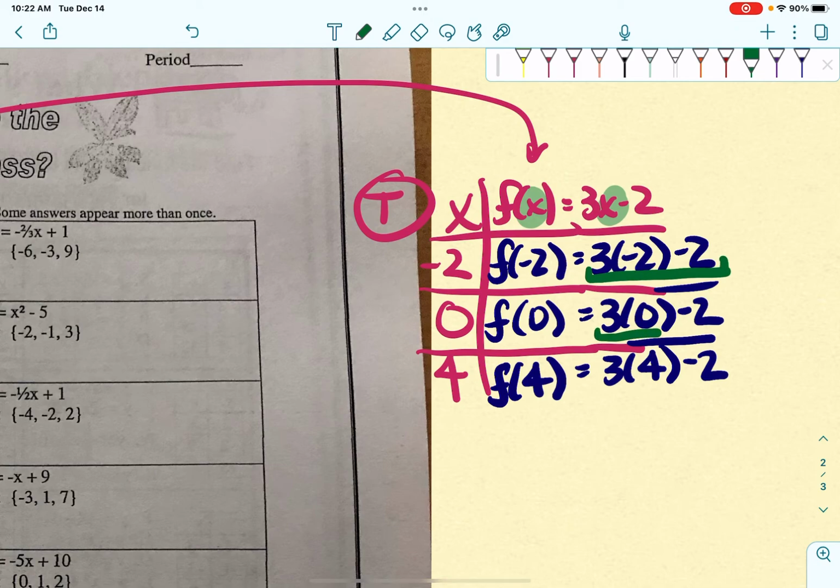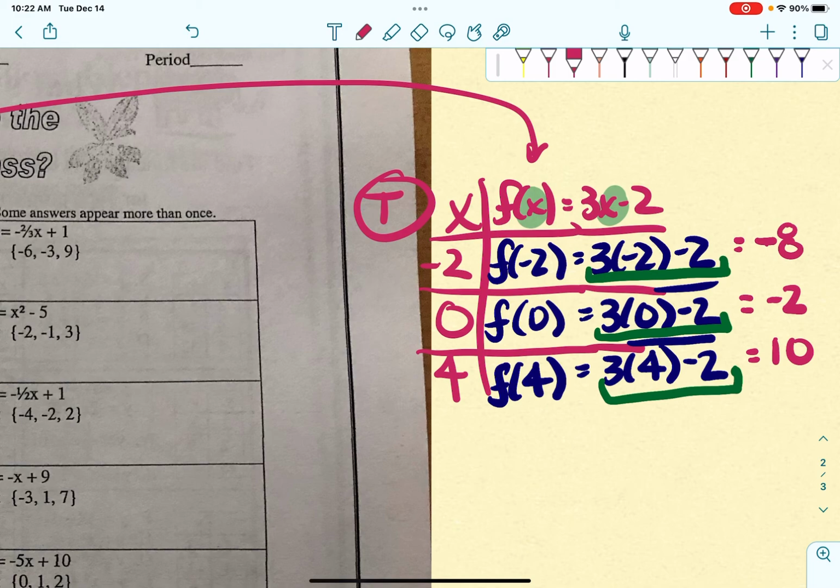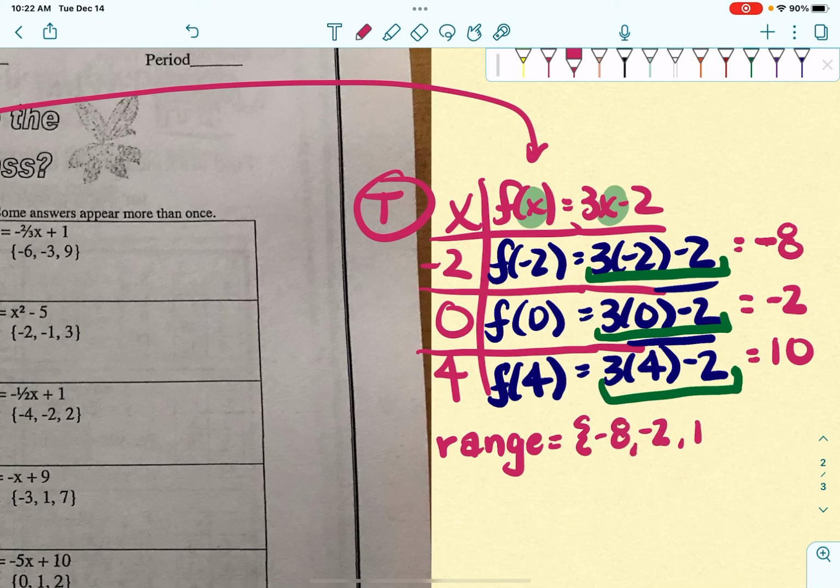And then each of these is going to get plugged in to your calculator. So the first one is going to end up being -8. Second one will be -2. And the third one will be 10. So if I go to write my range, remember you got to put them in order from smallest to biggest. So -8, -2, and 10.